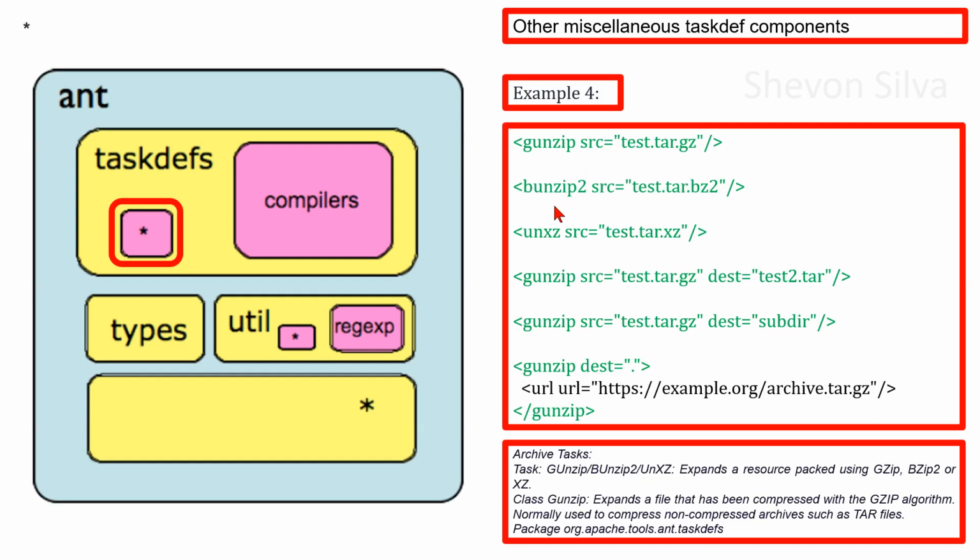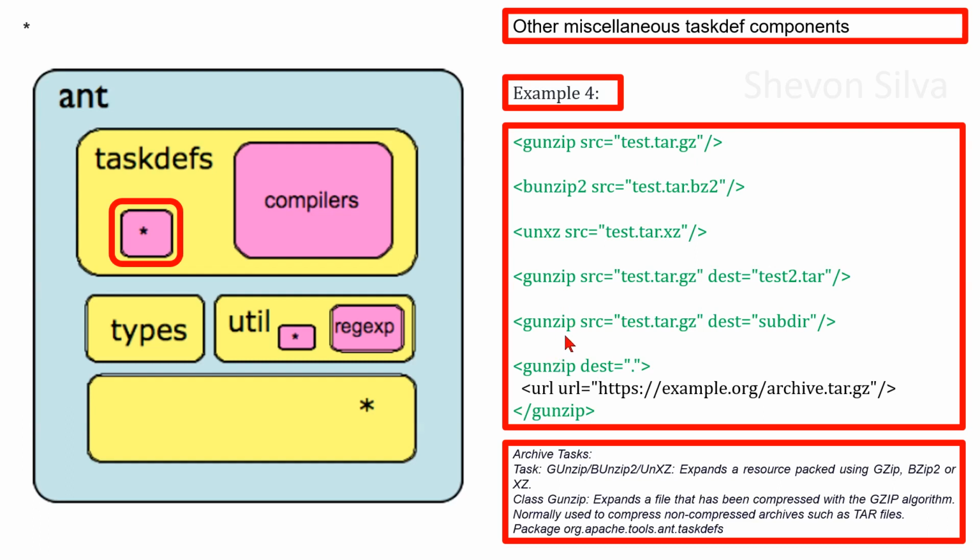Here, expand test.tar.bz2 to test.tar. Here, expand test.tar.xz to test.tar. Here, expand test.tar.gz to test2.tar.